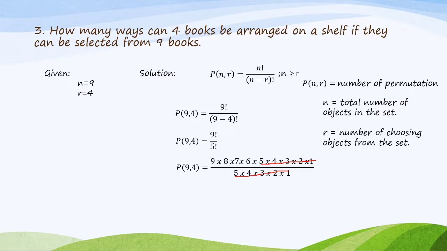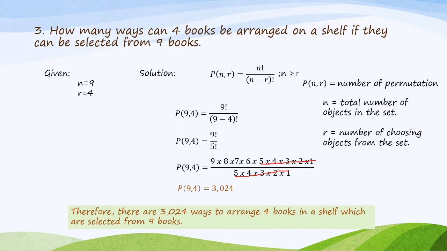Then multiply the remaining factors, which are 9, 8, 7, and 6. So P of 9, 4 equals 3024. Therefore, there are 3024 ways to arrange 4 books in a shelf which are selected from 9 books.